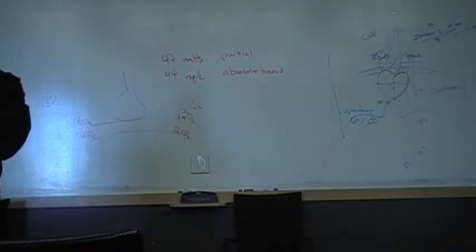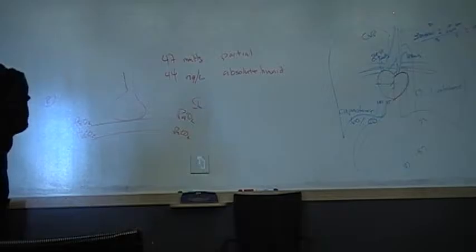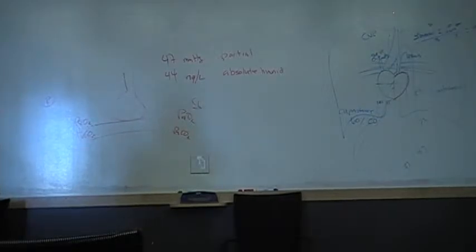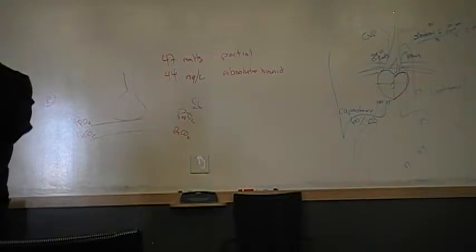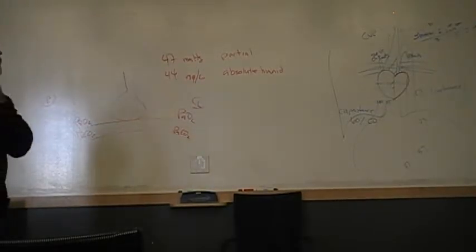So it's possible, and I'm not going to say it's common. It happens maybe in 1%. So maybe 1 in 100 will puncture the parietal pleura. So if you puncture the parietal pleura, that goes into the lung basically, right? And then you've got a pneumo. So a pneumothorax can be a complication of putting this in the subclavian vein. That's usually why they'll go in through the internal jugular.